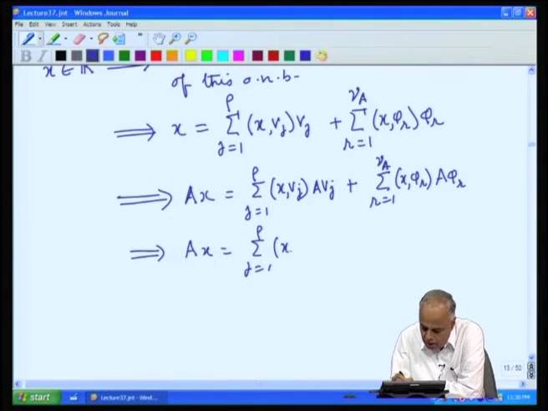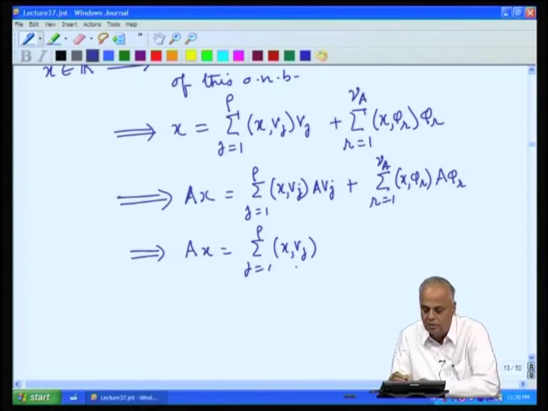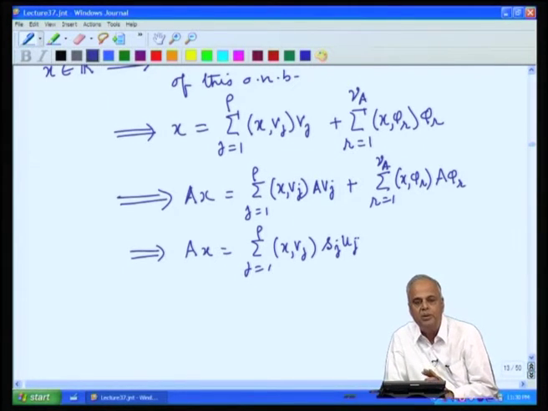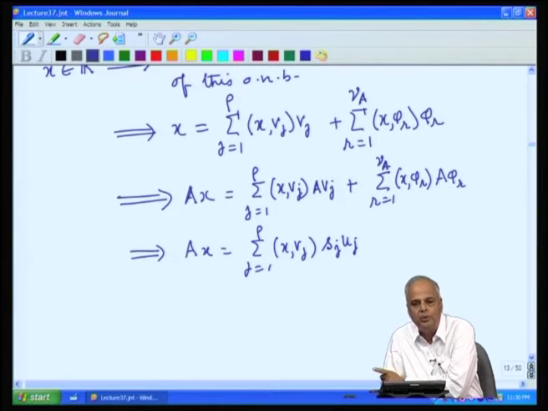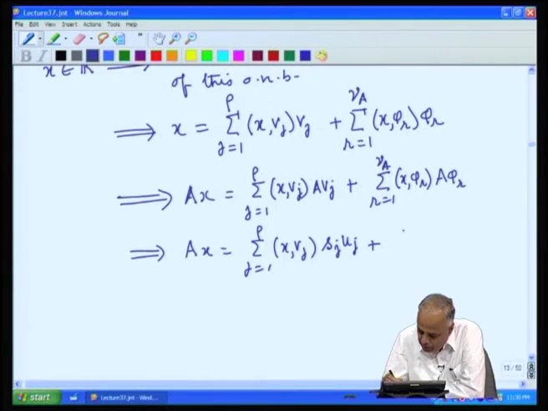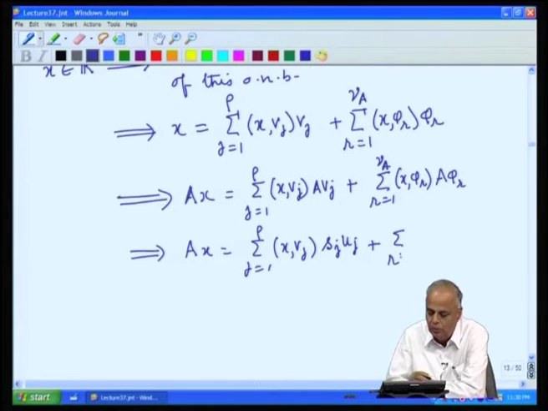Remember that according to our choice of the basis, A v j was S j u j. That is how we chose the basis. The way we have chosen the basis forced A v j to be S j u j. The v j direction went to the u j direction with the scaling factor S j, plus summation r equal to 1 to nu a. What is A phi r?